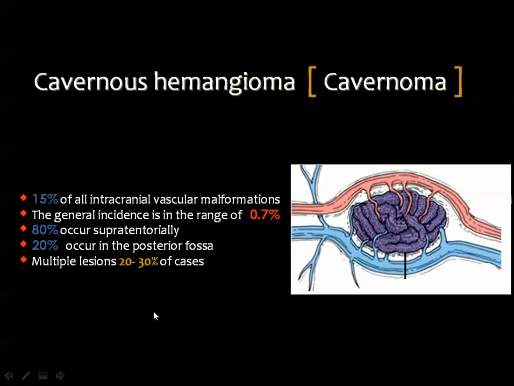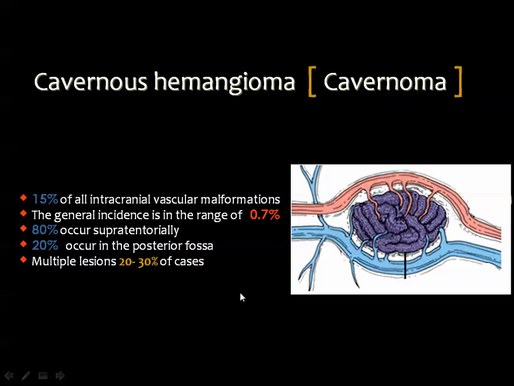Then we come to the cavernoma, or the cavernous angioma, or the cavernous hemangioma. The cavernous hemangioma represents about 15% of all the vascular malformations, and 80% of the hemangiomas occur in the supratentorial area, and 20% occur in the posterior fossa.